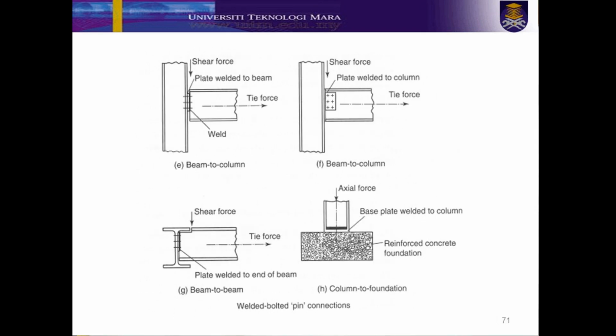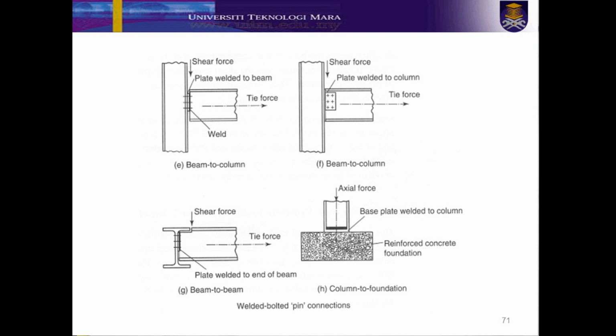Meanwhile, you can also have welded bolted pin connections, which are also considered as typical connection examples, where you can see in E, beam to column connections, where the plate is welded to the beam and the beam is also bolted to the column.